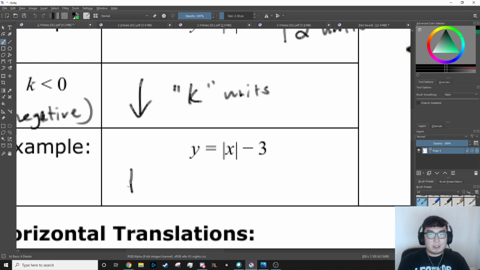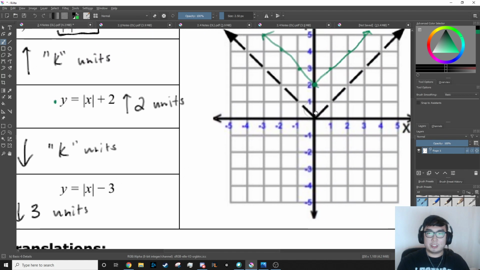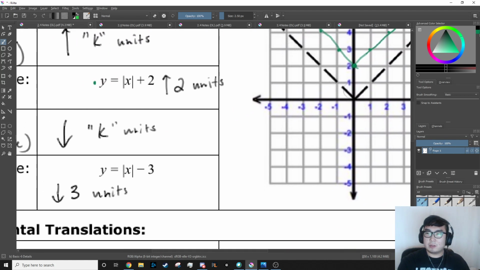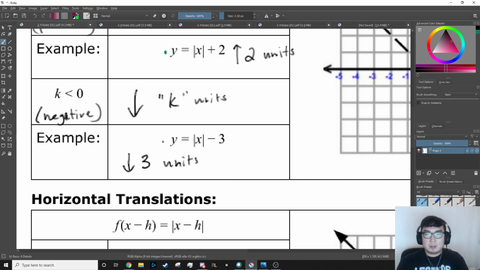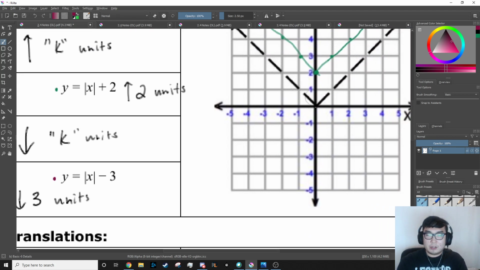That means I'm going down 3 units. It looks like so. I use this color, opposite side of the spectrum. So down 3 units from the original, right? So from here, 1, 2, 3.